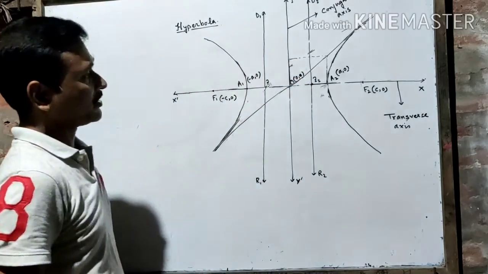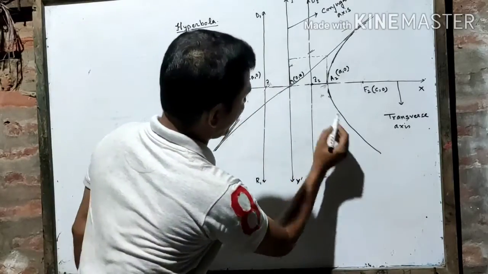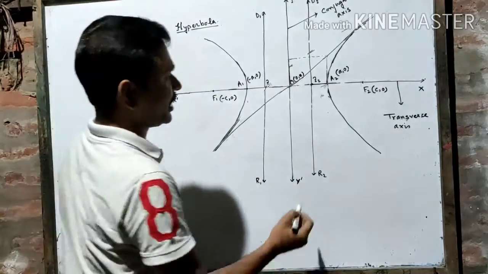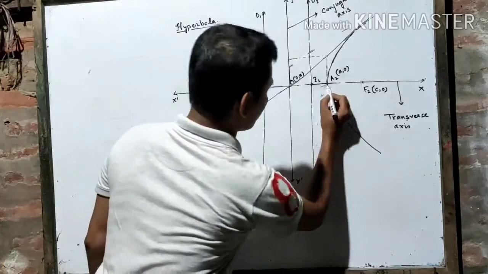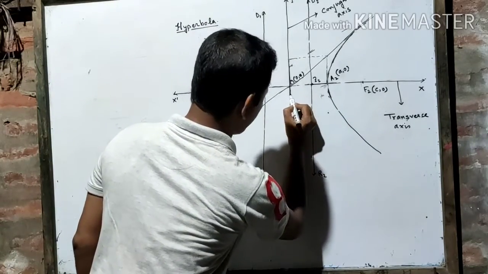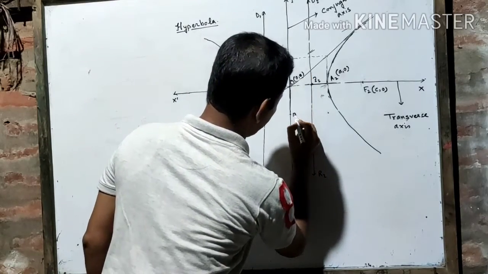Similarly, you can draw a tangent on this side also, passing through the origin, and draw a line parallel to the conjugate axis. Then this length will be the length of the semi-conjugate axis. So this total length will be the length of the conjugate axis. This will be B1, this will be B2.